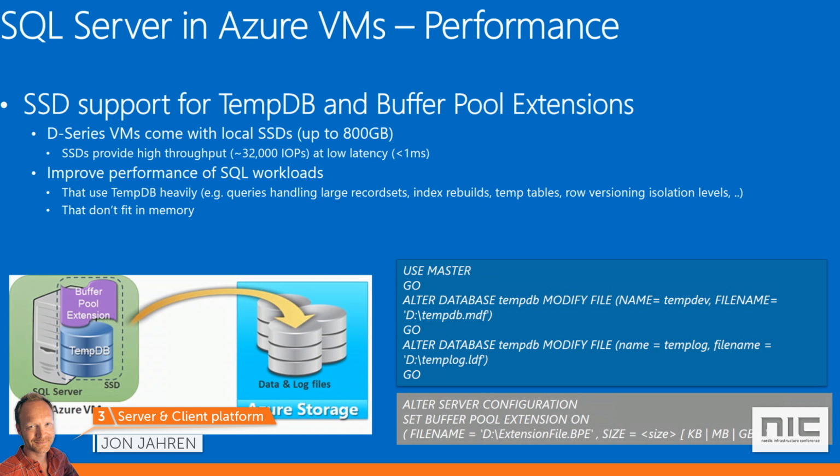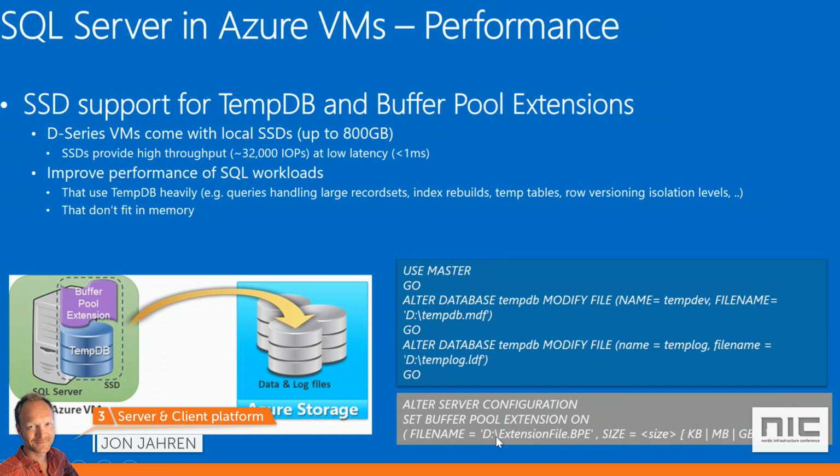So buffer pool extension is typically something we configure to between 4 and 10 times as much as the physical RAM that's allocated to your SQL Server instance. And it's a very simple server configuration statement to enable the buffer pool extension.